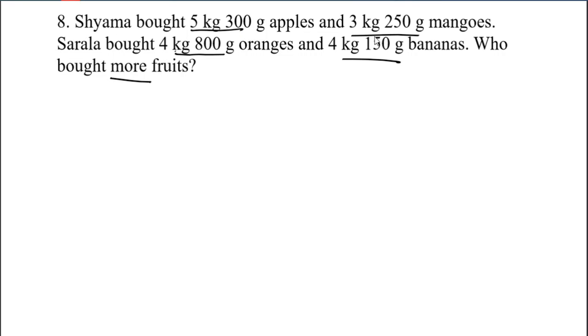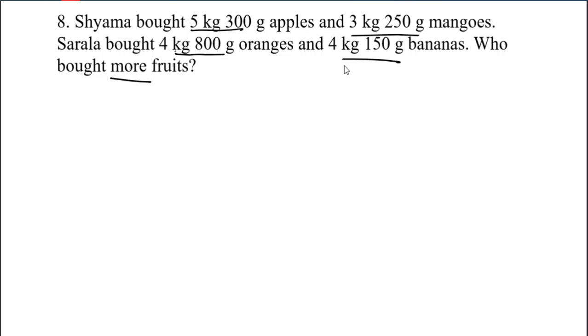Total weight of the fruits bought by Shyama is 5 kgs 300 plus 3 kgs 250. Add the kgs and the grams separately. 5 plus 3, 8 kgs. 300 plus 250, 550. 8 kgs 550 grams.